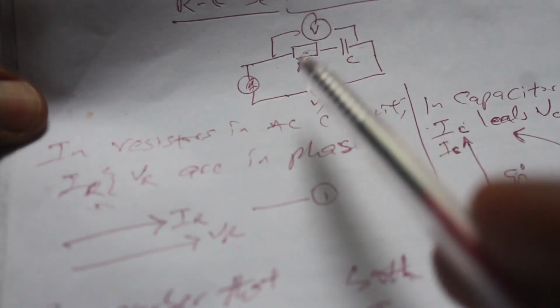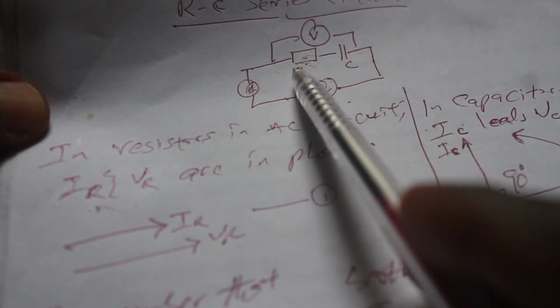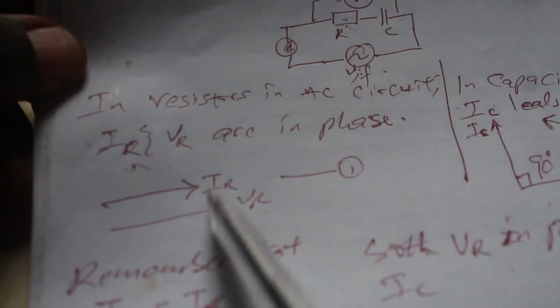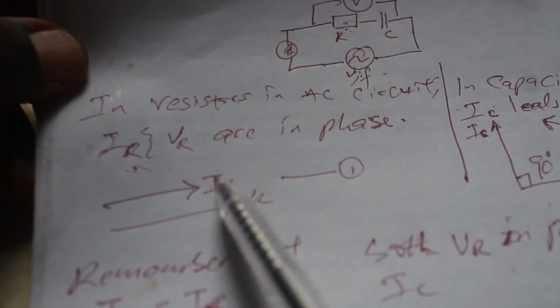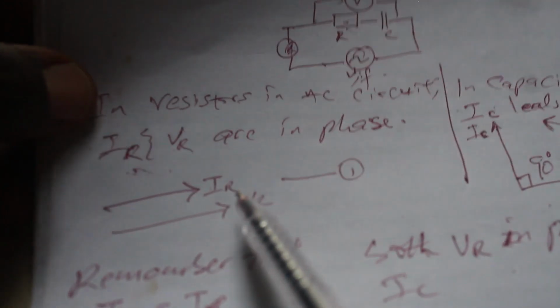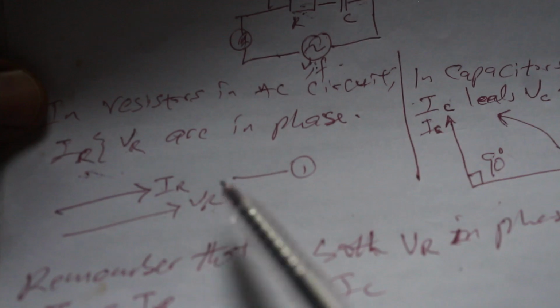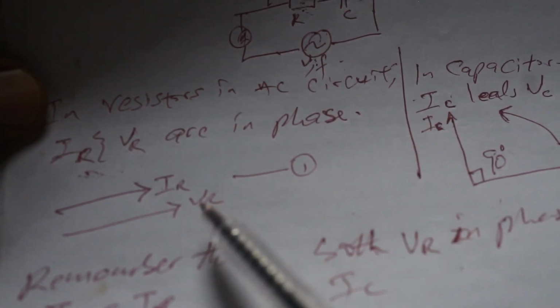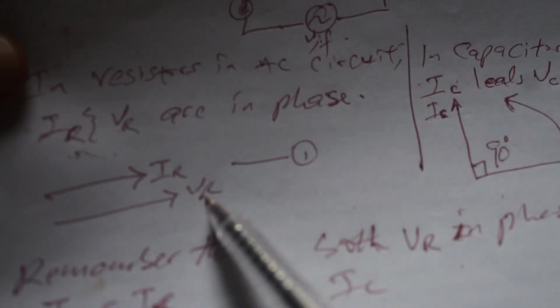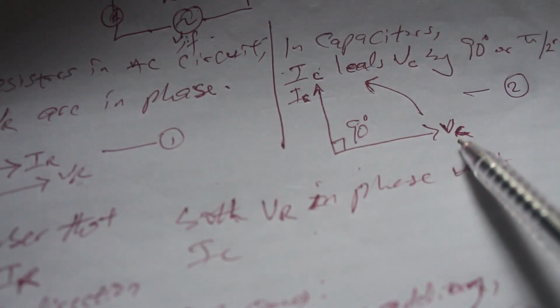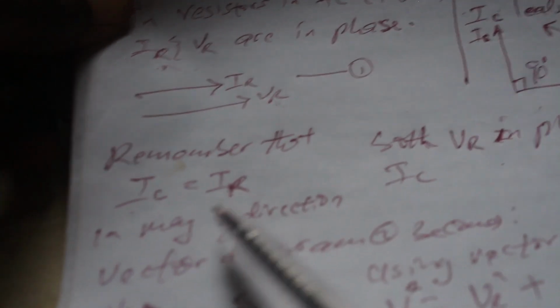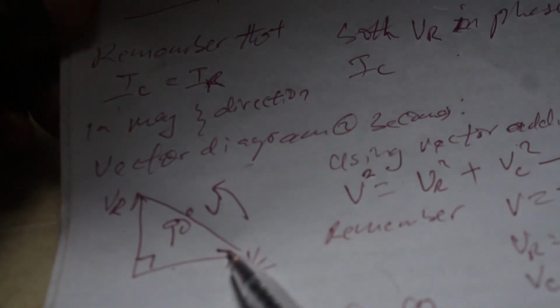Since both are connected in series, the same current passing through this is what you're going to have passing through this as well. And since the current in the resistor and the voltage across the resistor are in phase, it means the current in the capacitor and the voltage across the resistor will be in phase as well. And that means the voltage across the resistor will lead the voltage across the capacitor by 90 degrees, and that's what we have in this diagram here.